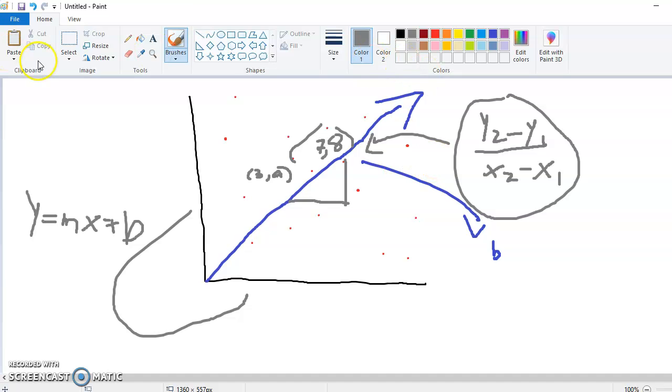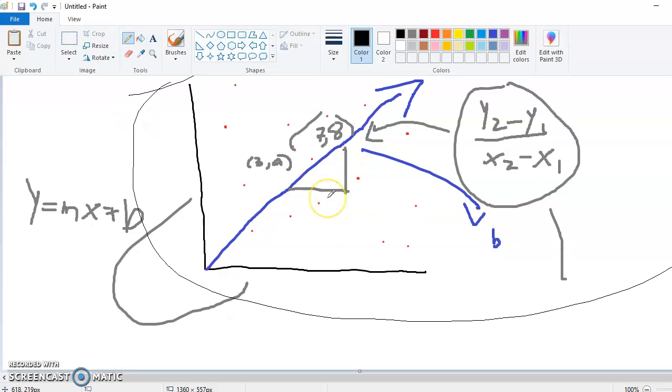Okay, can I delete this? No, I cannot. Okay, so let's say, for example, this isn't exactly what it's going to look like. Most likely this is what would happen if we were in 2D space right there.